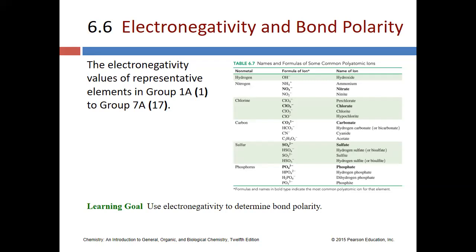And is it possible to have uneven sharing in a chemical bond? And the answer to that question is yes. And we can structure that overall concept through the ideas of electronegativity and polarity.